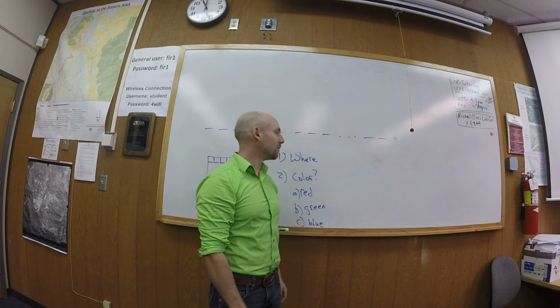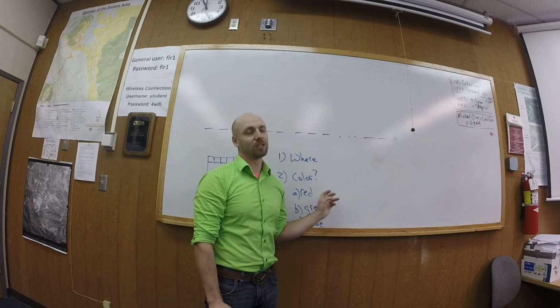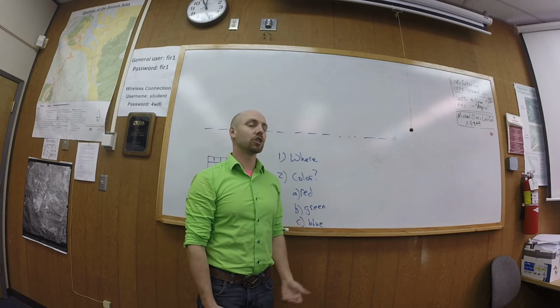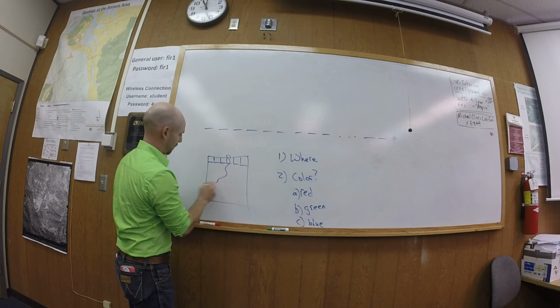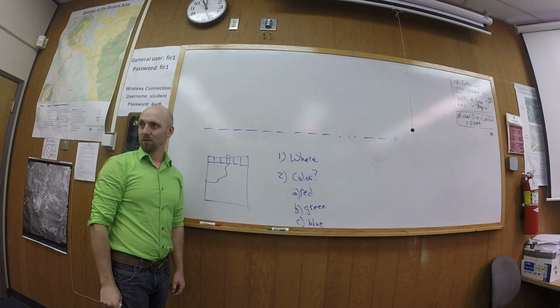Like the dumbest method that you could use to compress a photo, the first method you could use, is you could just look at the photo and be like, this chunk is all basically blue.